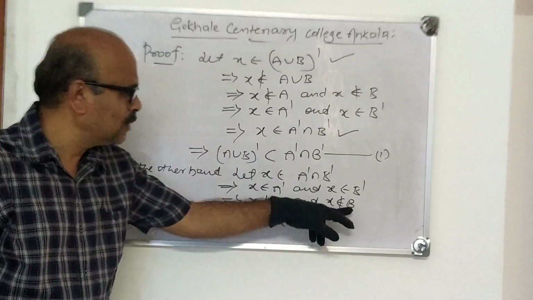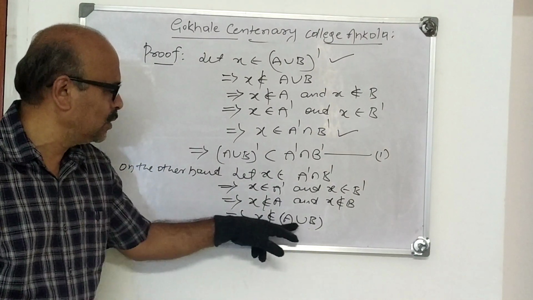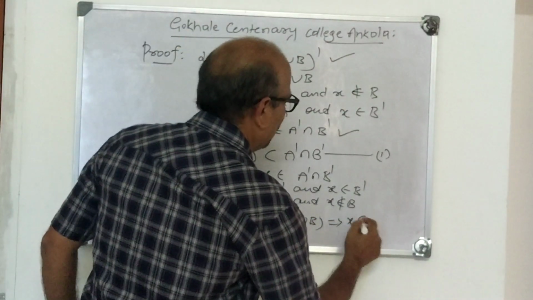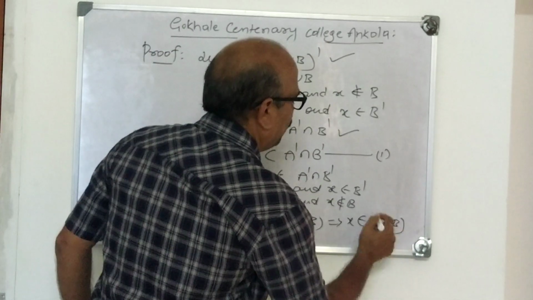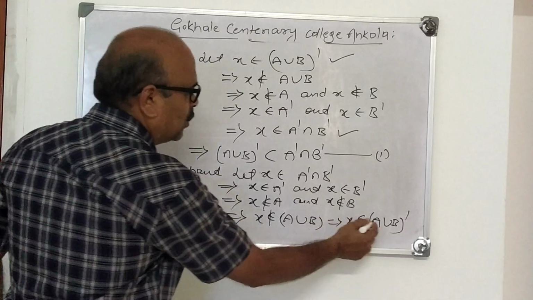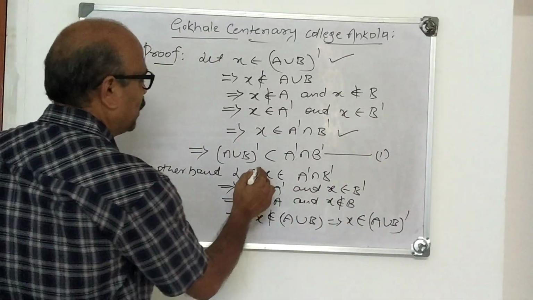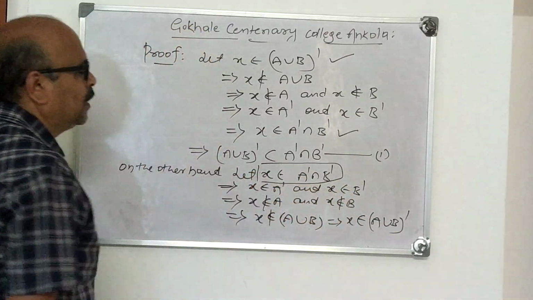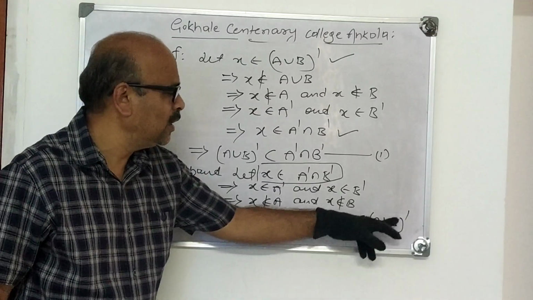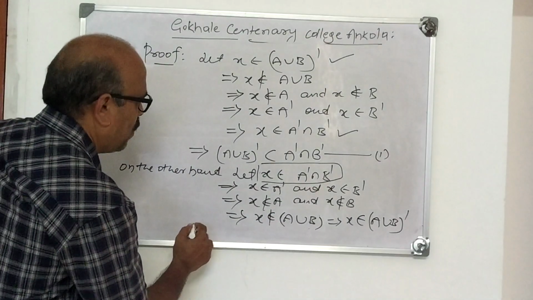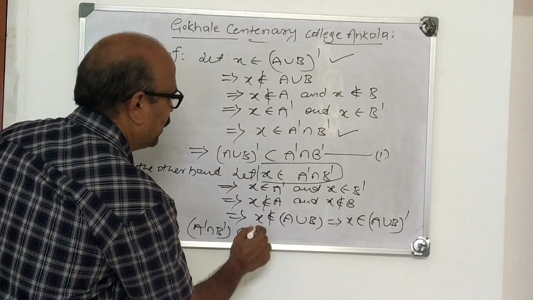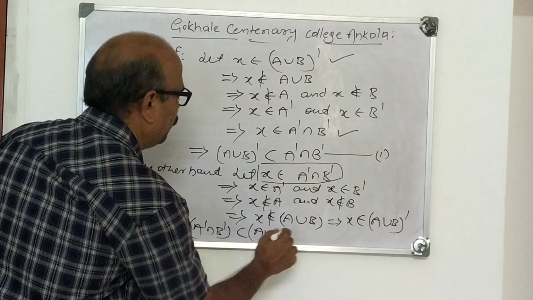Doesn't belong to A and also doesn't belong to B. So x doesn't belong to A union B. What does this imply? X belongs to (A union B) complement. Doesn't belong to A union B means it belongs to (A union B) complement. See, we started with x belongs to A complement intersection B complement. That implies x belongs to (A union B) complement. What does this imply? A complement intersection B complement is contained in (A union B) complement.